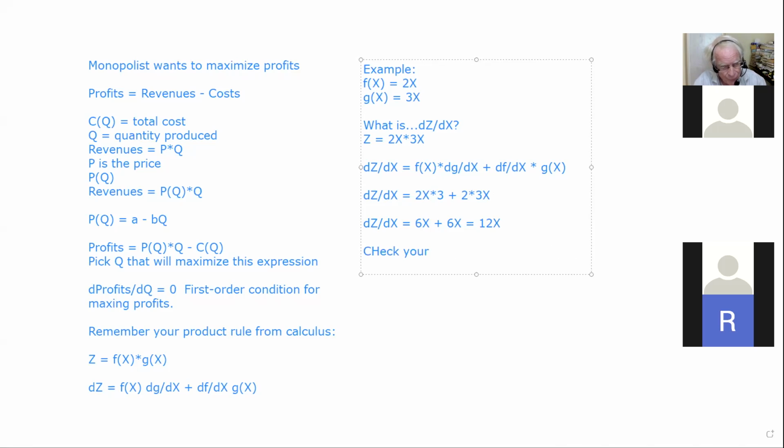And then we can check our results. G in this case is the product of f and g, or 2x times 3x, equal to 6x squared.